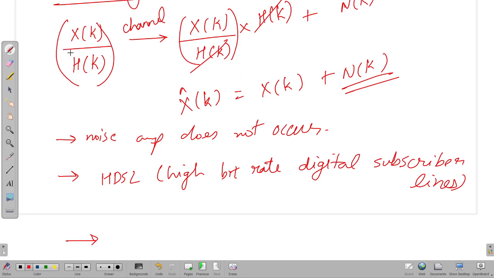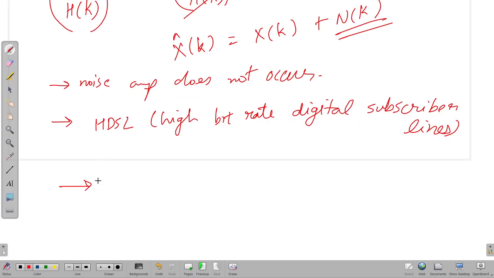It is like you are multiplying x of k with a value which is greater than 1, which means you are adding power to the signal. So this technique is not power efficient, because the transmitter needs to spend a lot of power there.